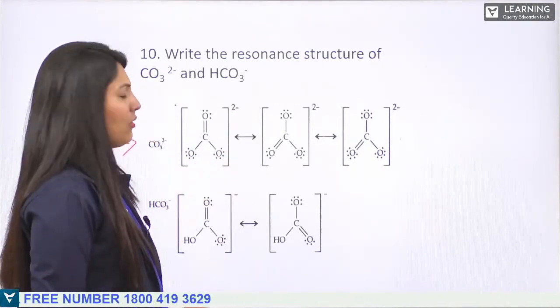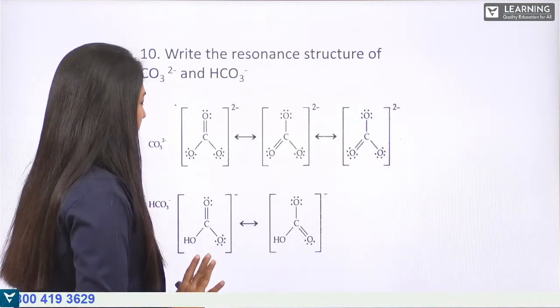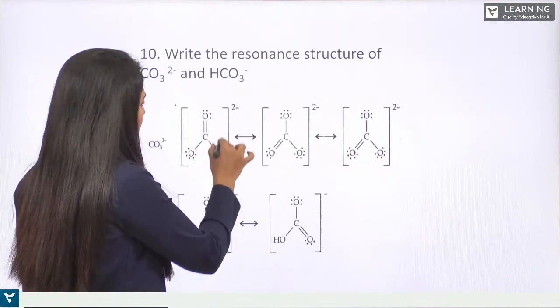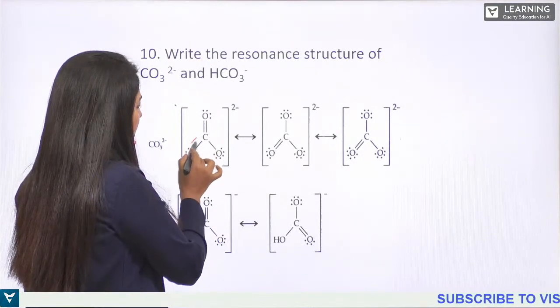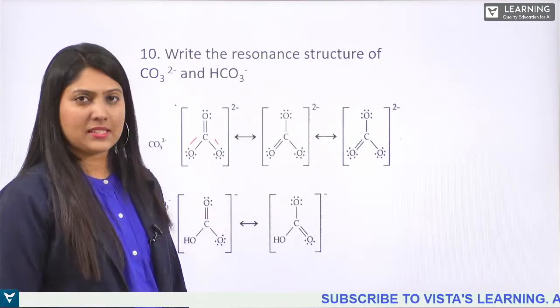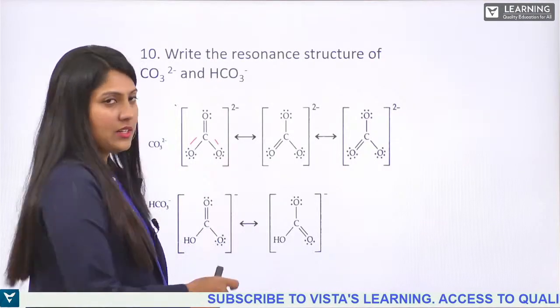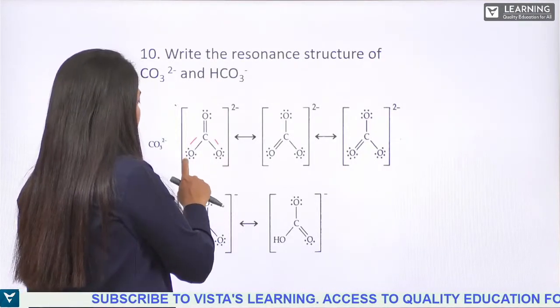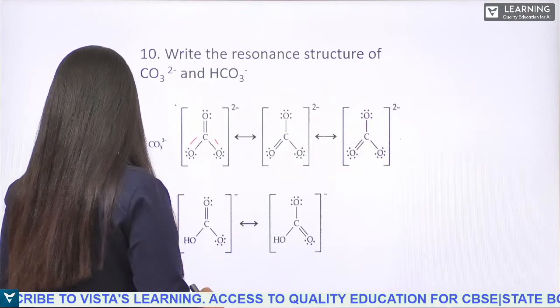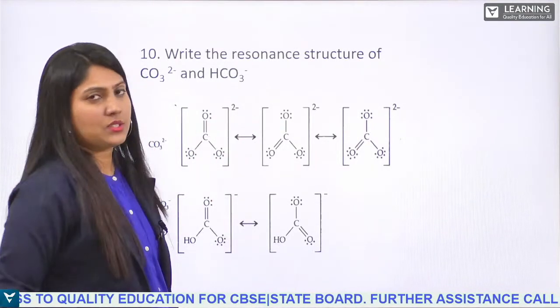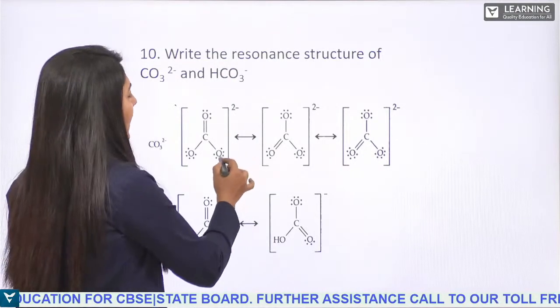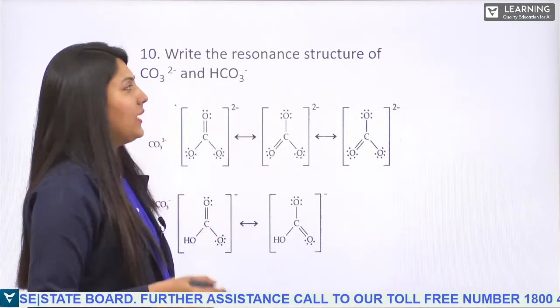Because carbon can have 4 bonds, whereas each oxygen should have 2 bonds, where here one bond is missing and here one more bond is missing for this oxygen, right? So this will be having 1 electron, this will be having 1 more electron, which gives you the -2 charge. So we have the movement of electrons.